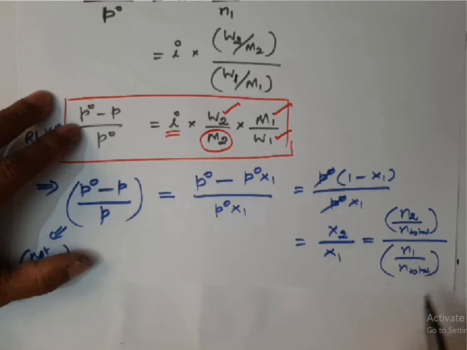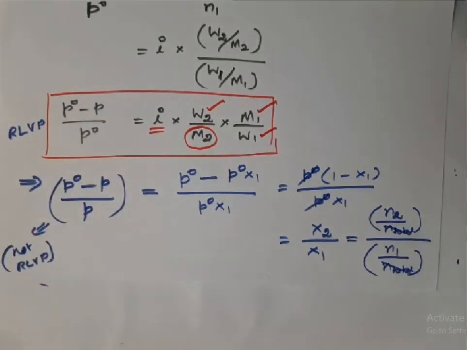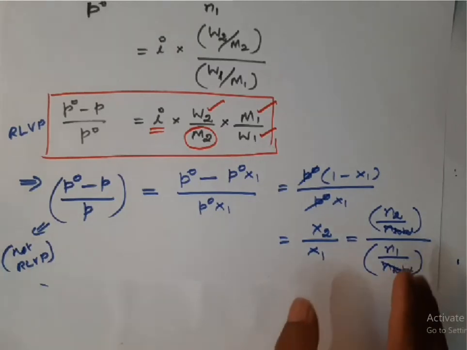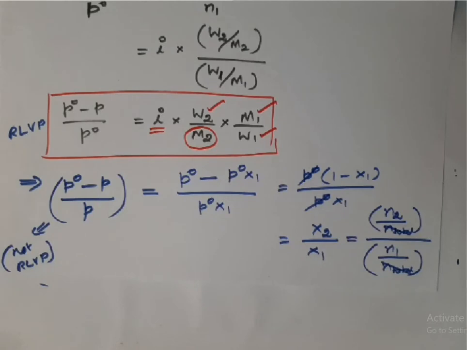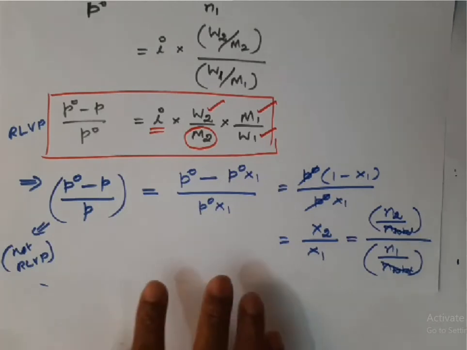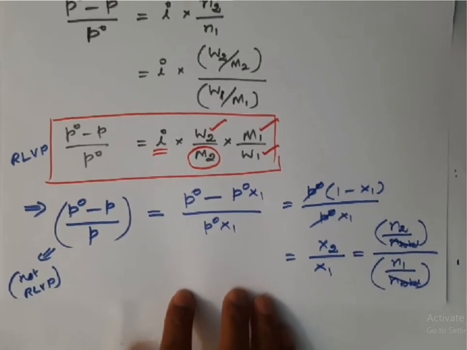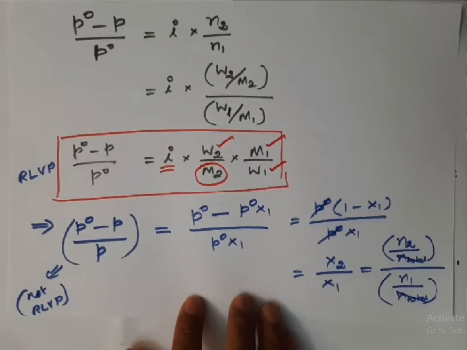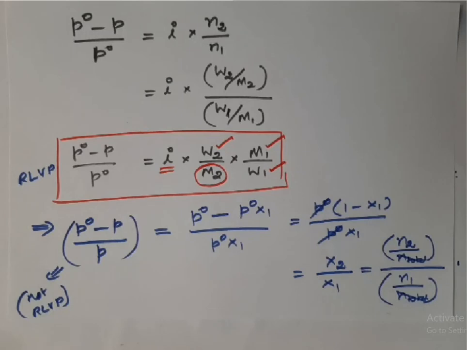So this n total and this n total cancel. So you will get n2 by n1 again. So take down students. Just copy down. This is very useful for solving numerical problems.